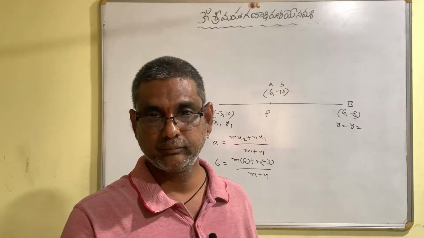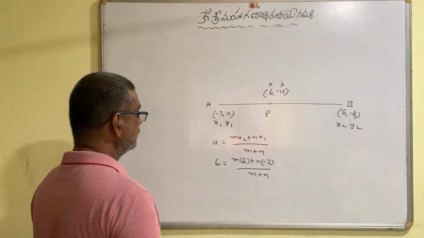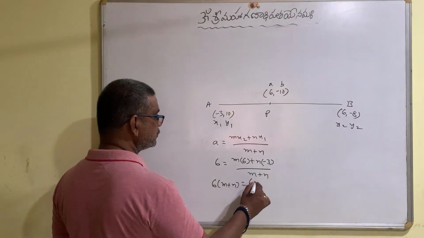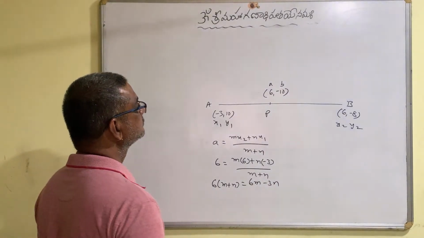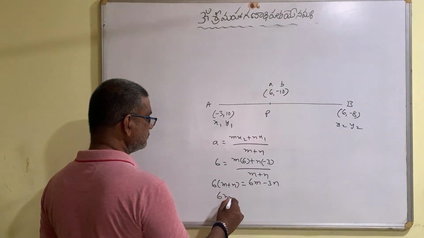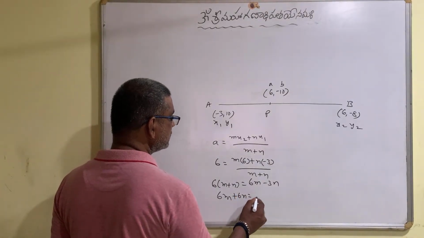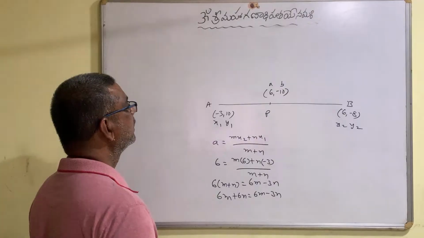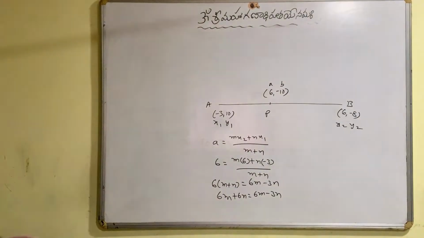Ratio 2:7. 6 into m plus n is equal to 6m minus 3n. 6m plus 6n is equal to 6m minus 3n. How are you getting 2:7, right?